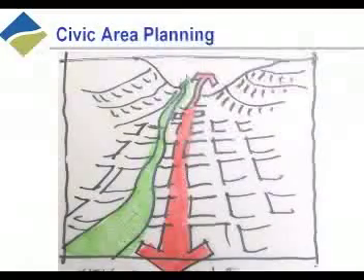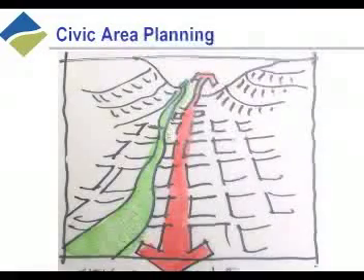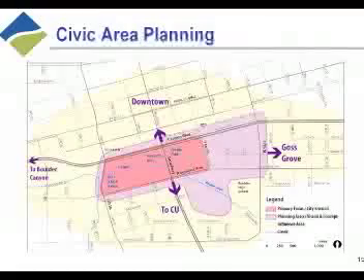This diagram shows Canyon as the major thoroughfare, and one of the most important features for the civic area is the Boulder Creek, which comes trickling down from the mountains and goes right through the site.